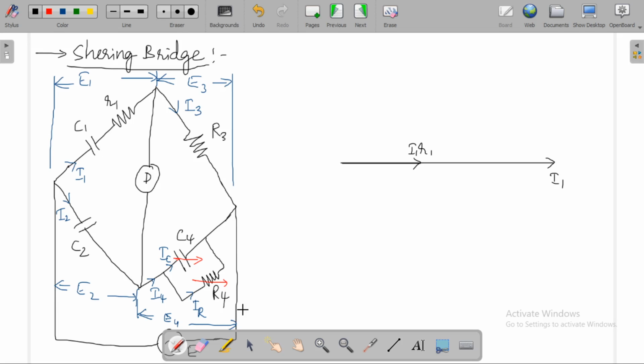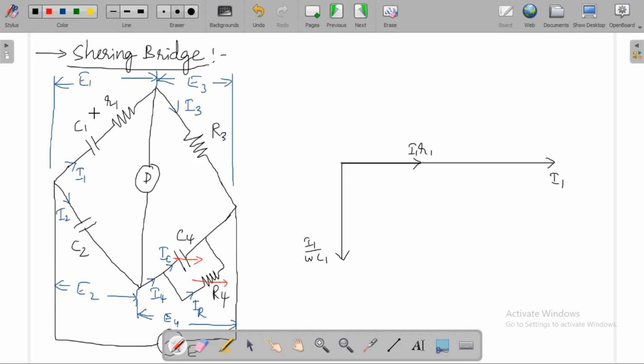I1 is the current which is flowing through the capacitor. So this will be voltage across this C1, voltage across C1. So this will be I1 by omega C1.